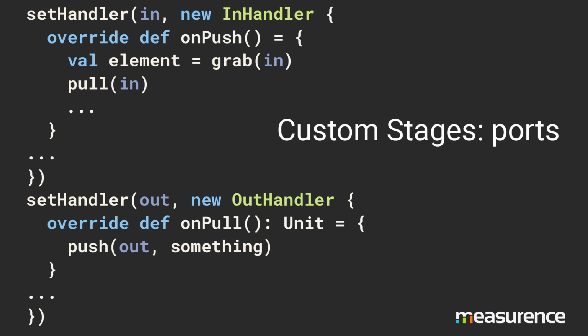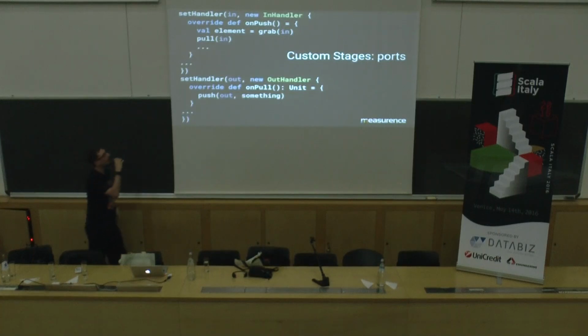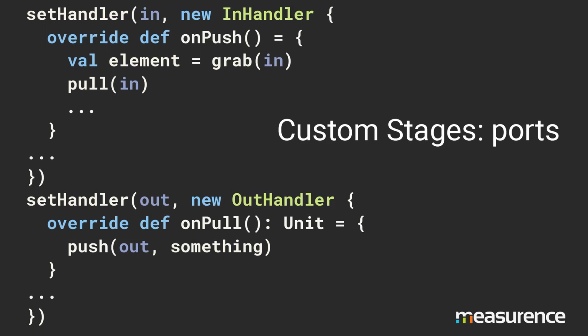At that point, you have to grab that something, because it's not part of the call. You have to grab it, and then you can ask for more using the pull call. The pull call will call the onPull method on the previous stage, so not on this one. And that stage will be maybe sending something to you using the push call.